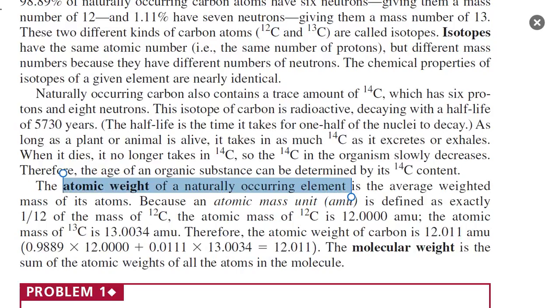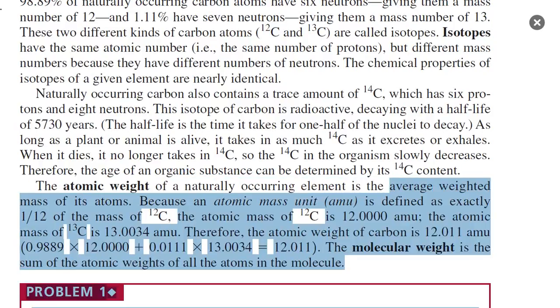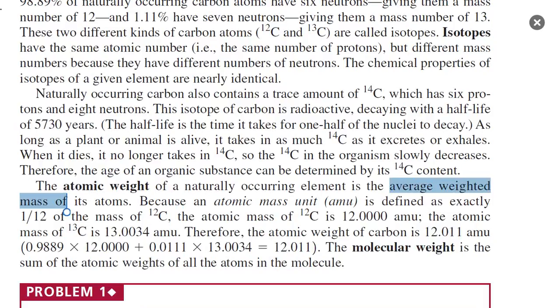The atomic weight is the average weighted mass of its atoms. So we're going to weigh the atoms, there will be the mass of the atoms, but we will take the average.